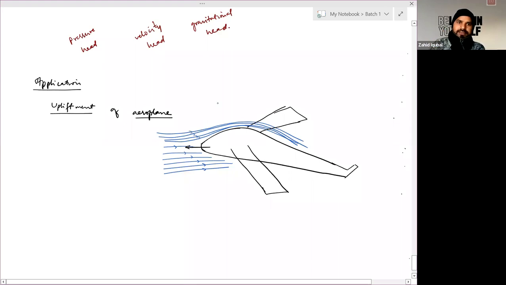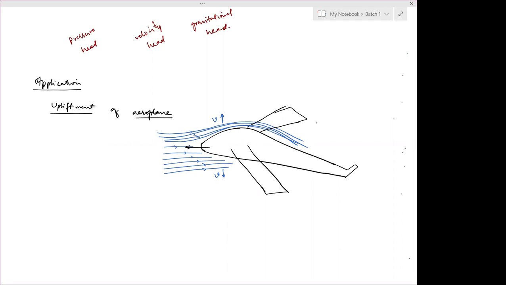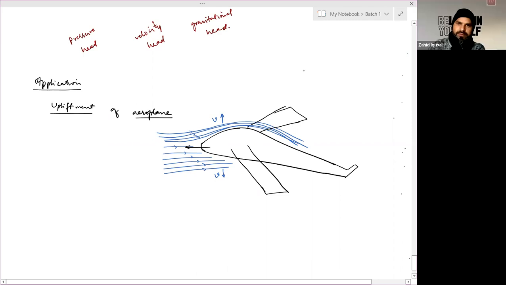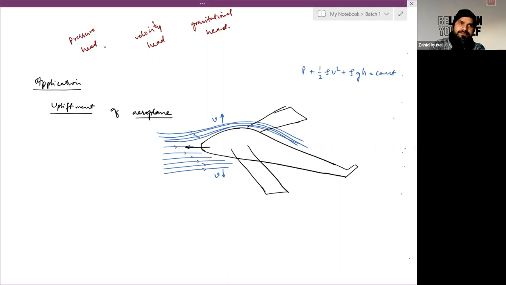So due to this, you will say the velocity of air in the upper region increases and the velocity at the bottom decreases. Is it clear? Yes, sir. According to Bernoulli's principle, pressure plus half rho v squared plus rho g h is constant. Here, height is almost constant for the upper and lower parts, so we're left with just two terms, pressure and velocity.